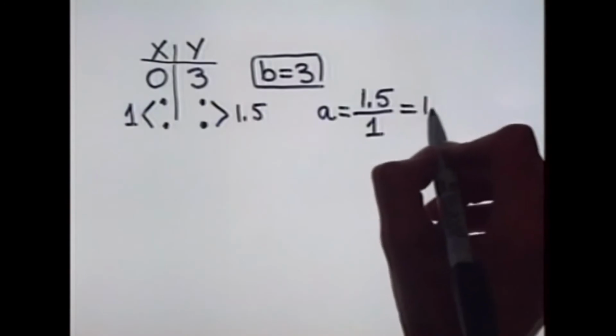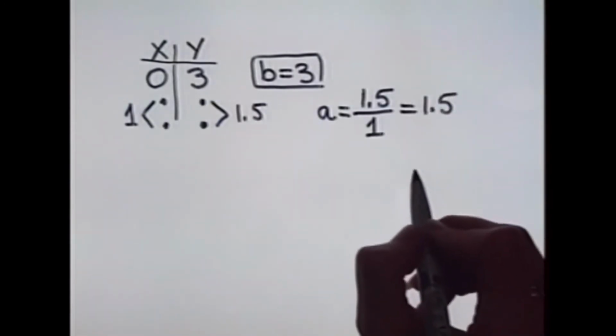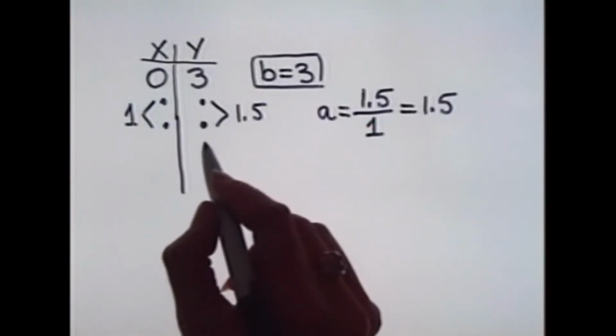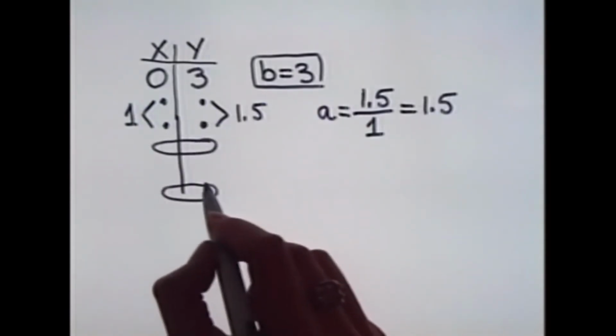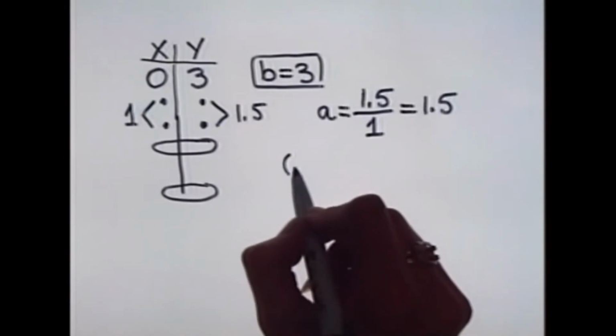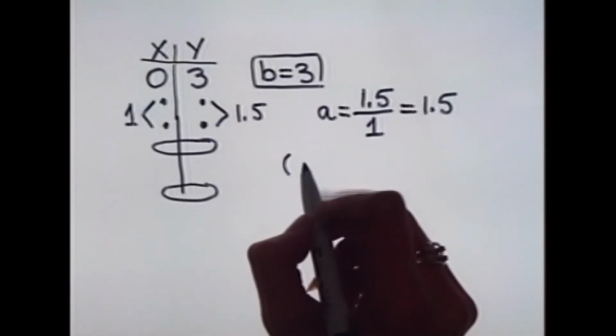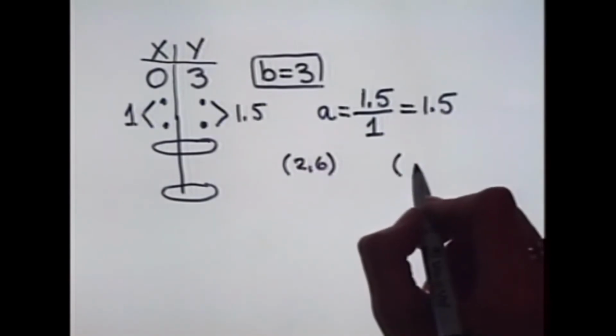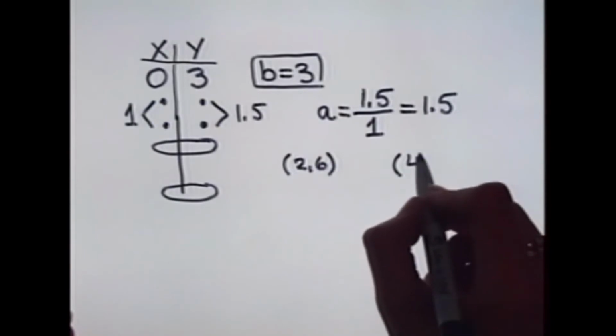But that's 1.5. Now, again, if you don't take two consecutive values, but suppose we took two that were further away, for example, the point (0, 6), if you recall, and another one would be, let's say, (6, 12).